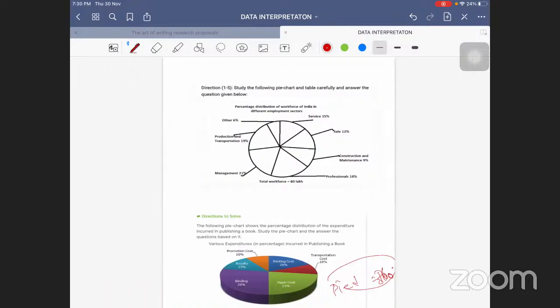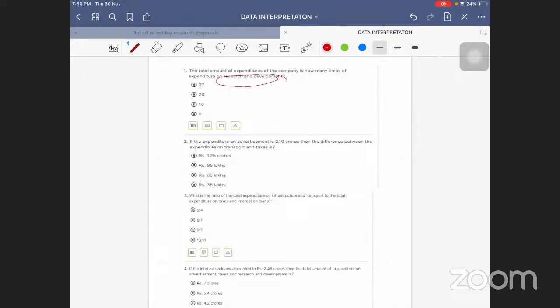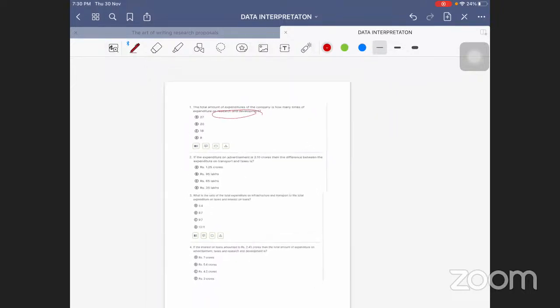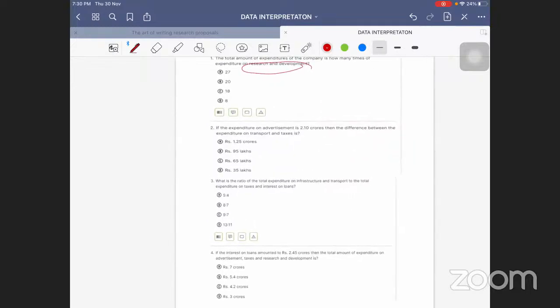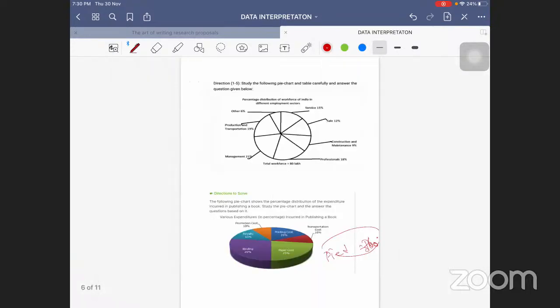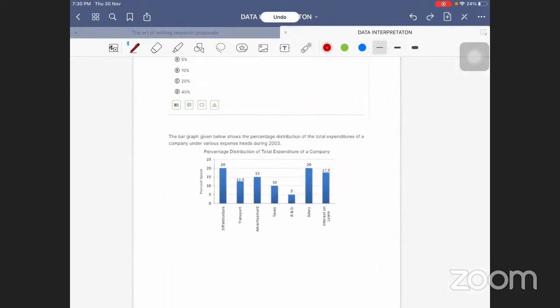These are the wrong sums, I think the sums are different from the data. I will delete this and we'll move on to the next sums.